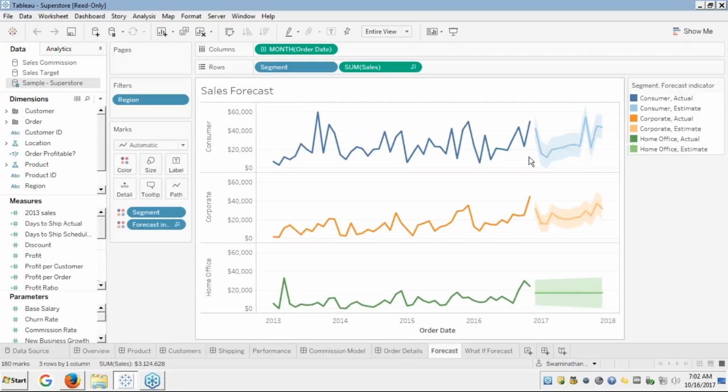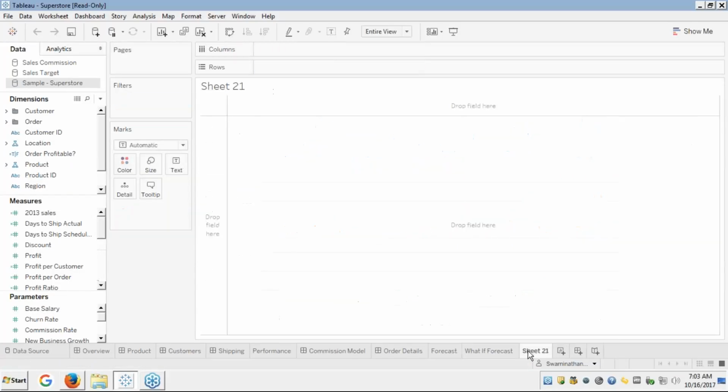They have data until November 2016, and the forecast has been performed for 2017 and 2018. First let's see how to create something very similar, and then we will move on.